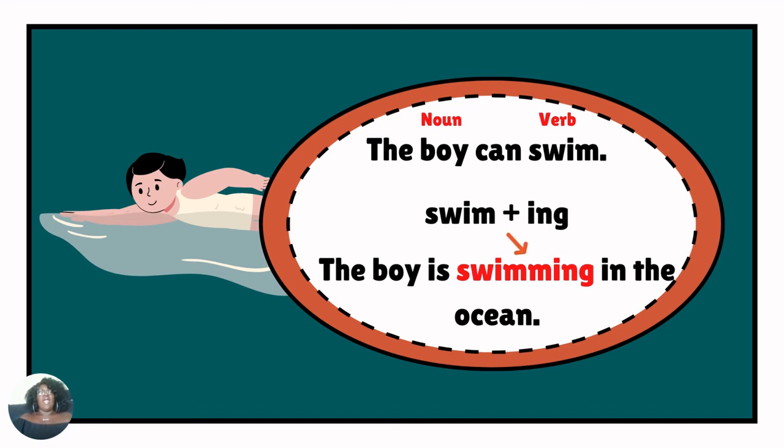Notice the arrow and the red word, which is another example. Before adding the ing, you must double the m, the consonant, and then it becomes swimming. The boy is swimming in the ocean. Swimming is the action verb because there is a physical action. Next slide.